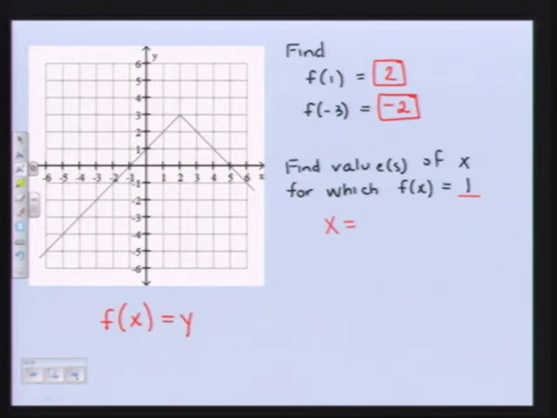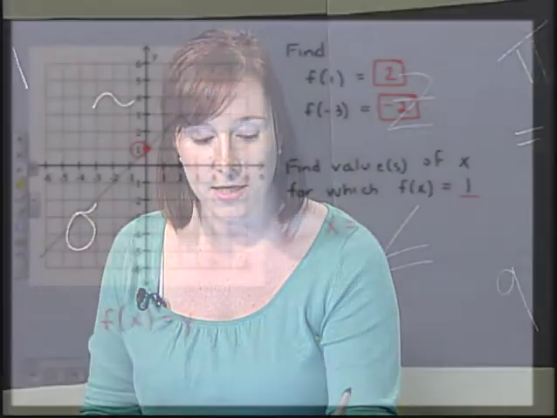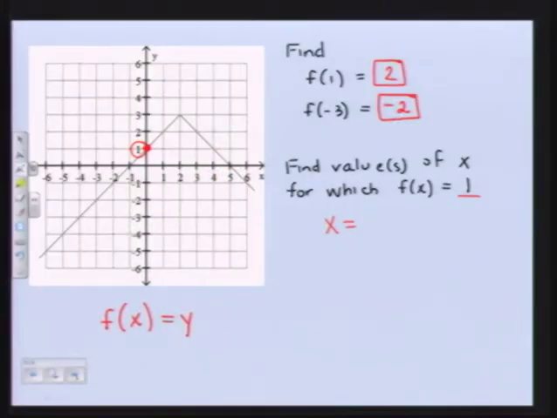So I'm going to my y-axis, and there's y equals 1. I'm going to mark off all of the points where y equals 1. That occurs right here on our y-axis. It also occurs over here at this point. So those x values that correspond to those points are going to be part of my answer.